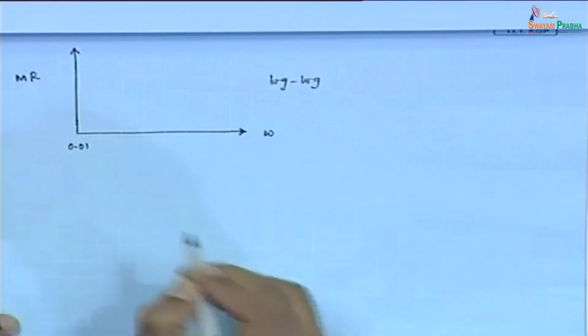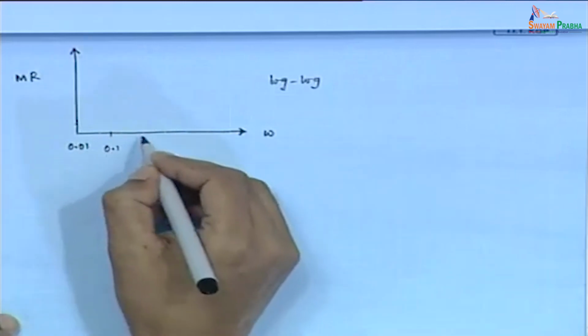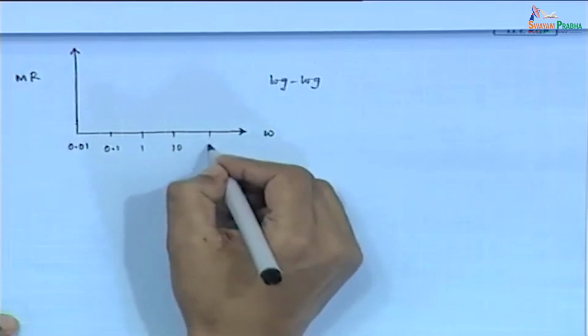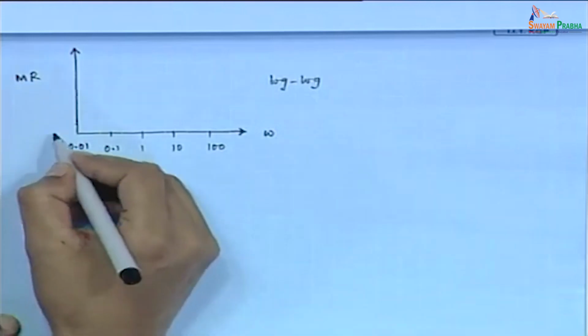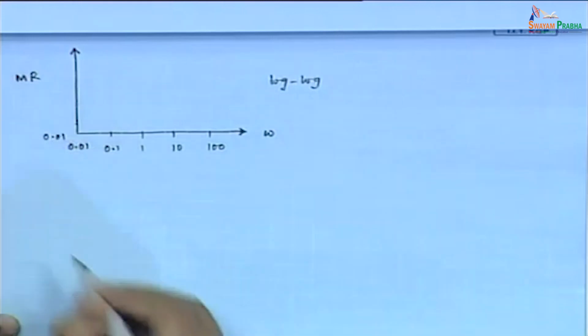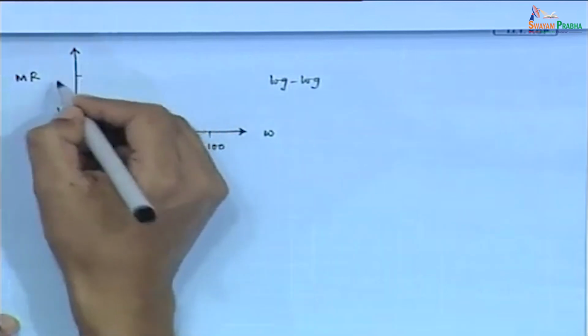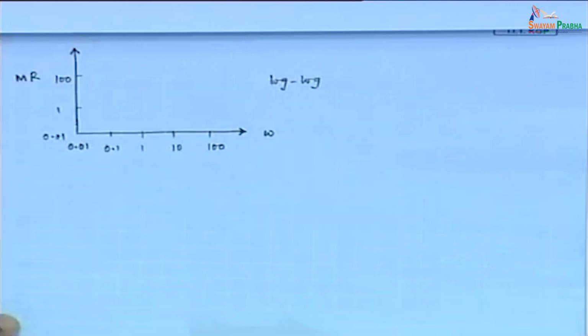This is 0, starting point is 0.01, next one is 0.1, 1, 10, 100. 0.01, 1 and 100. Fine.